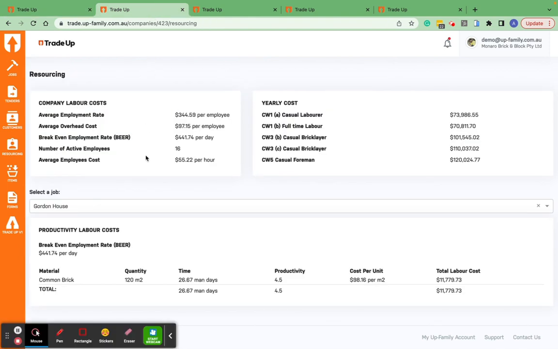So if we have a look over here in TradeUp, we can have a look at this other resource table here, and that tells us that if we're going to install 120 meters squared of brickwork, it's going to take us 26.67 days, with a productivity target on that material of 4.5 meters squared per man per day, with our break-even employment rate that TradeUp has worked out for us in our company.